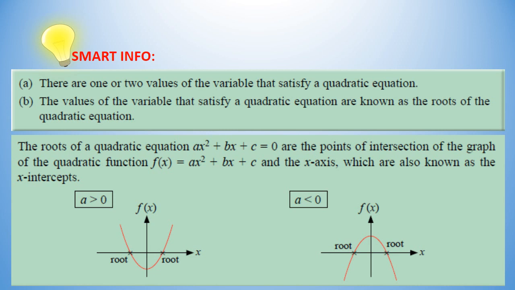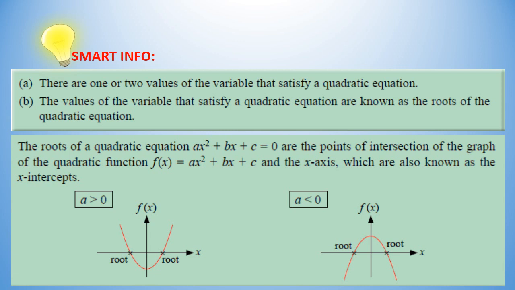Okay, the roots of a quadratic equation, ax squared plus bx plus c equal to 0, are the points of intersection of the graph of the quadratic function f(x) equal to ax squared plus bx plus c, and the x-axis, which are also known as the x-intercepts.